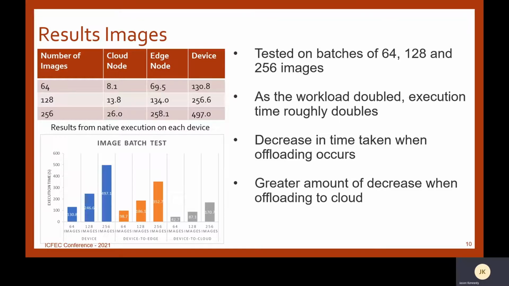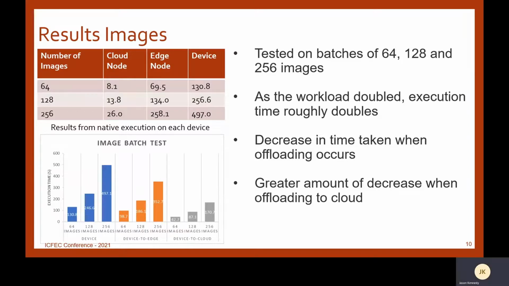So it's just being run on the Jetson Nano. Device to edge then represents using AVEC to offload the kernels to the edge device, and then device to cloud shows again offloading to the cloud device. And then within each section we have the 64, 128, and 256 test sizes.